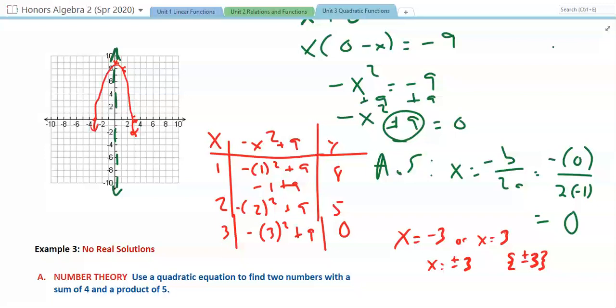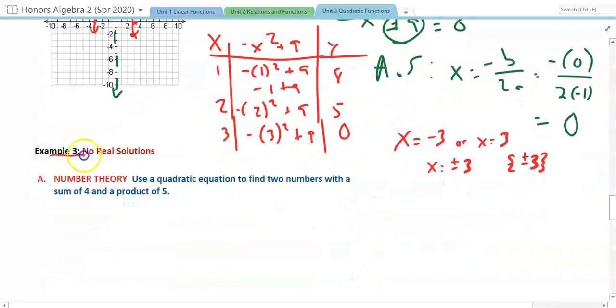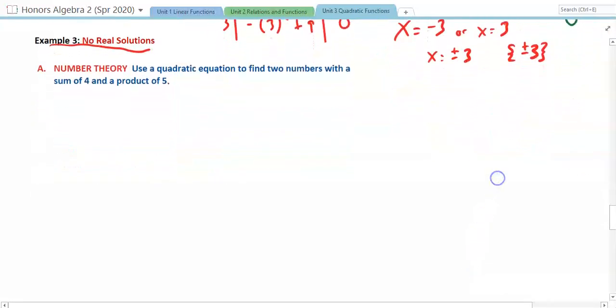All right, so let's look at a similar example. But obviously, as you can see with example 3, we're talking about problems that have no real solutions. And so we're going to use a quadratic equation to find the numbers with a sum of 4 and a product of 5. And so we're going to set it up the same way. Remember, our first number is going to be x, and then we're adding that to another number that is going to sum to 4. And so 4 minus x.